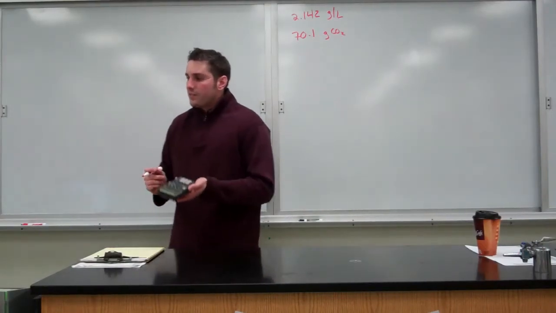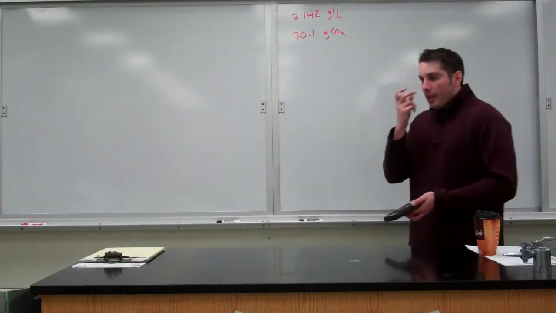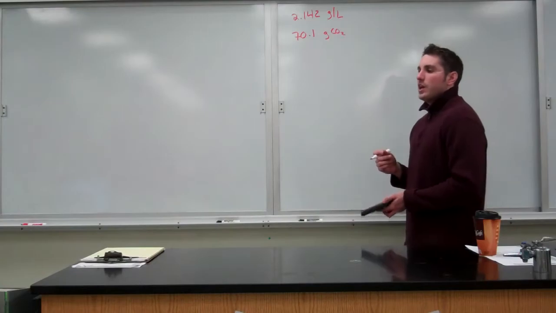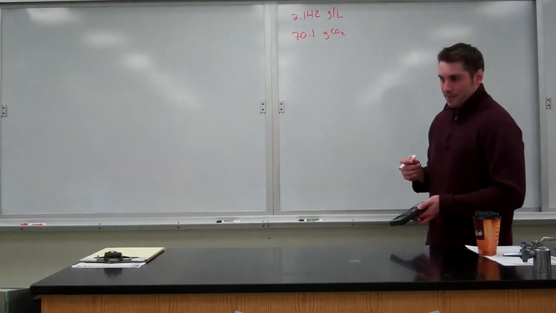And then last but not least, for number 3, what is the volume in milliliters of 6.524 grams of chlorine gas at STP?